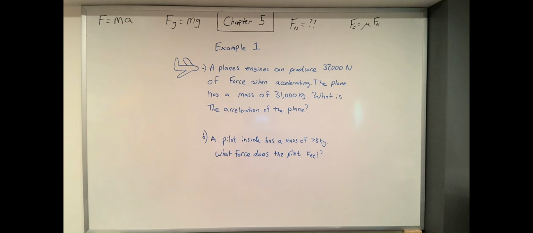Well, the box is pulled from rest, which means it initially started with a 0. So the initial velocity must have been 0. What is the velocity of the box after 3 seconds? So what the question is asking for is the final velocity if time is 3 seconds.